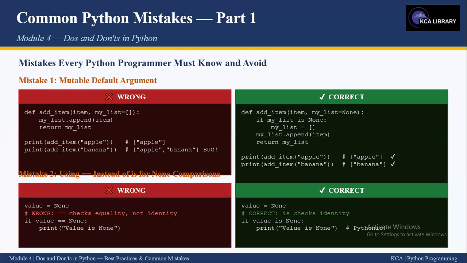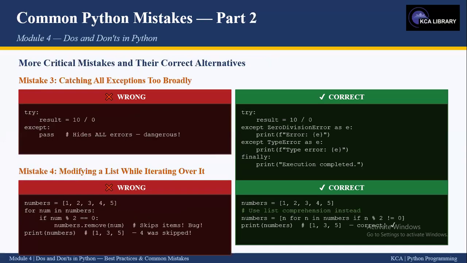So that is the correct one. Also, value equals None. This is the wrong one, and the correct one is on the right. The left one is the wrong one, and the right one is the correct one.